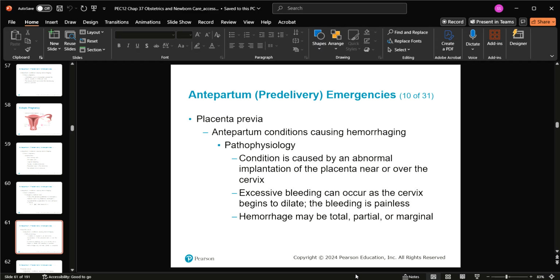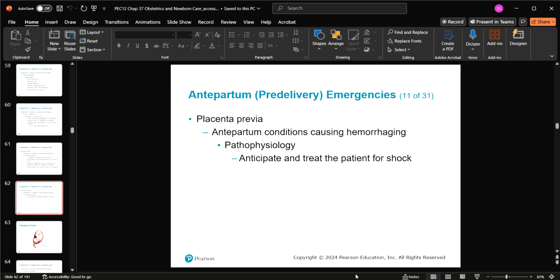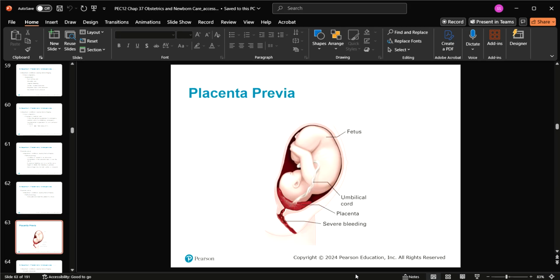This is where you have an abnormal implantation of the placenta that's near or over the opening of the cervix. As the child tries to descend, it can't because it is stuck. That's placenta previa, and so you can differentiate for your exam.